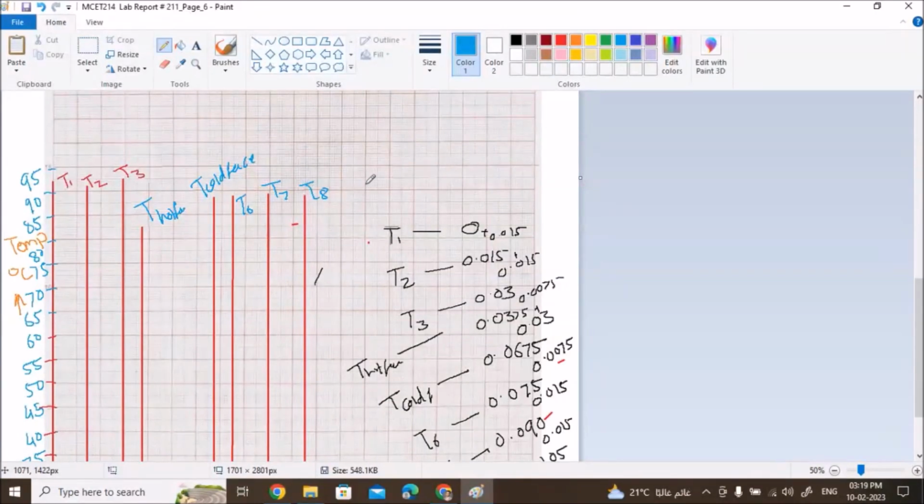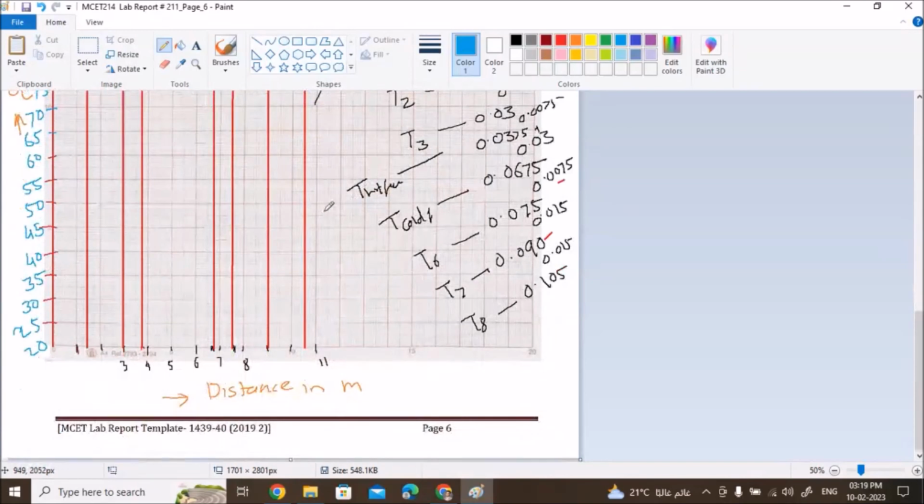Okay, so once we plot this, so again I will write here, the first is 0.015, this is 0.03, this is 0.0375, 0.0675, and this will be again 0.075.